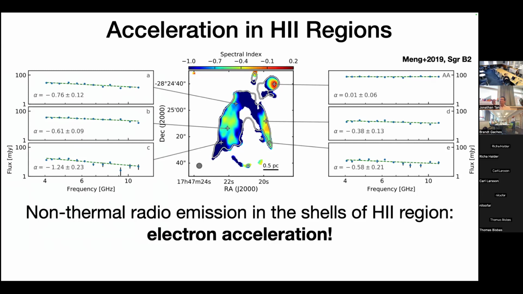Free-free is around minus 0.1, so what was it, minus 0.6 for synchrotron? In solar radio, there are famous synchrotron jets, and no one really knows why they're present in some sources and not others. But maybe we can try and find out.